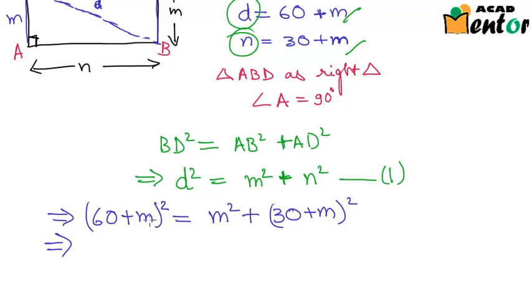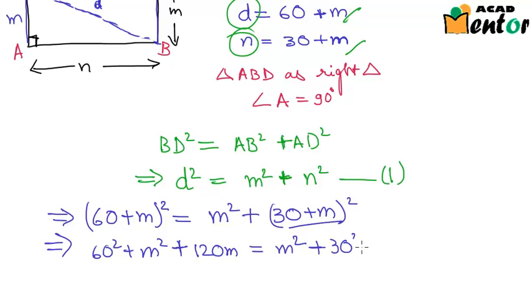So I would have 60 square plus M square plus 2 into 60, that would be 120M. This is by the expansion (A plus B) whole square equals A square plus B square plus 2AB, is equal to M square plus, from the expansion of this bracket I will get 30 square plus 2 into 30 is 60M plus M square.